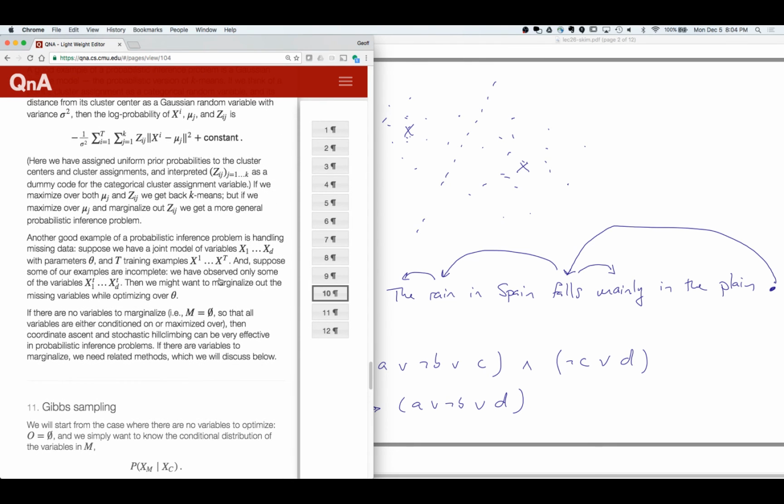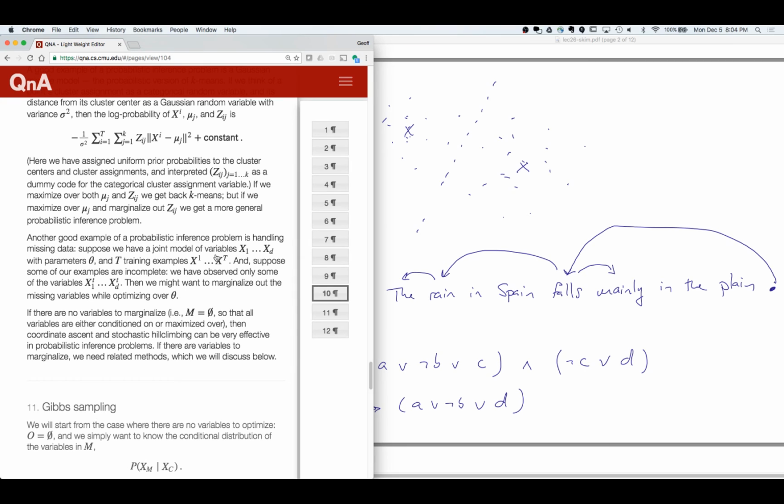If we make a joint model of a bunch of variables given some parameters theta, and some of our examples have missing data, then we can't fit it directly by maximum likelihood. We first have to marginalize out the missing variables before we then do maximum likelihood.